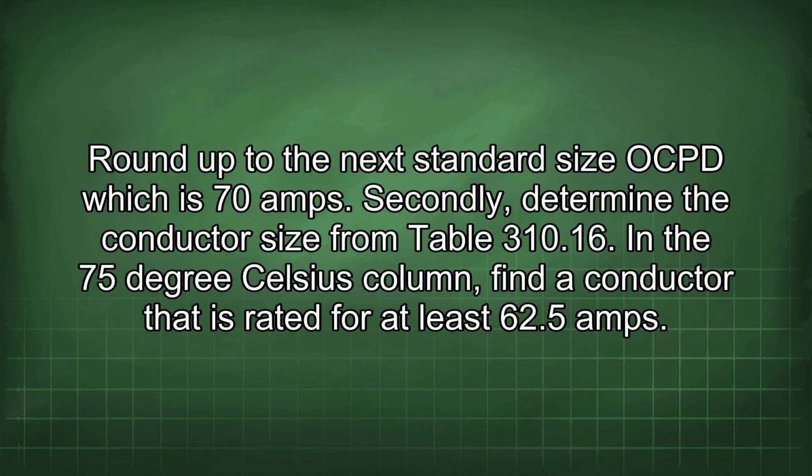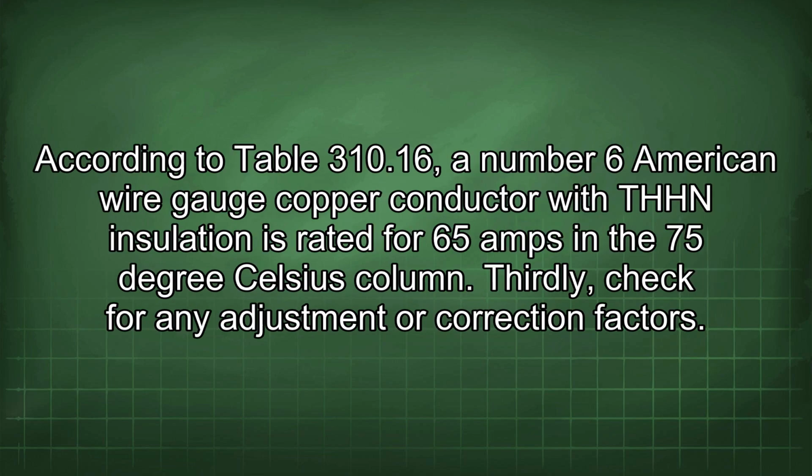In the 75 degrees Celsius column, find a conductor that is rated for at least 62.5 amps. According to Table 310.16, a number 6 American wire gauge copper conductor with THHN insulation is rated for 65 amps in the 75 degrees Celsius column.